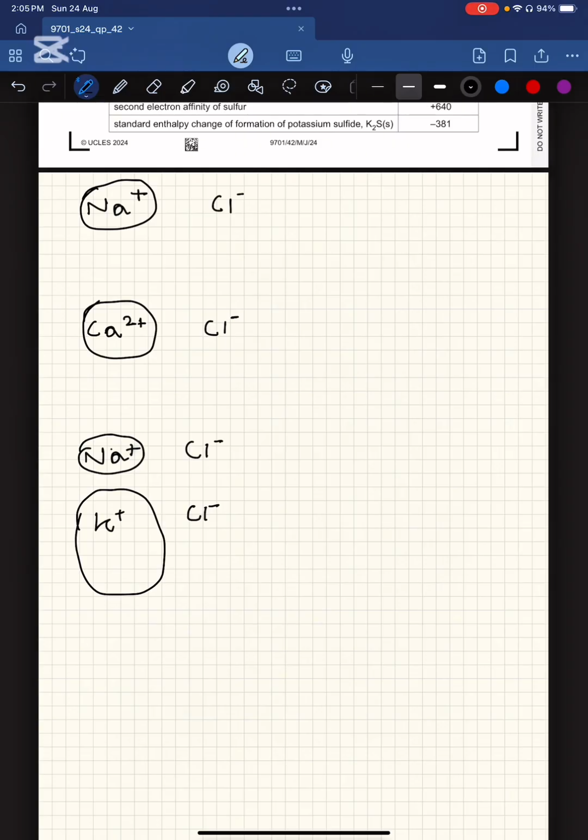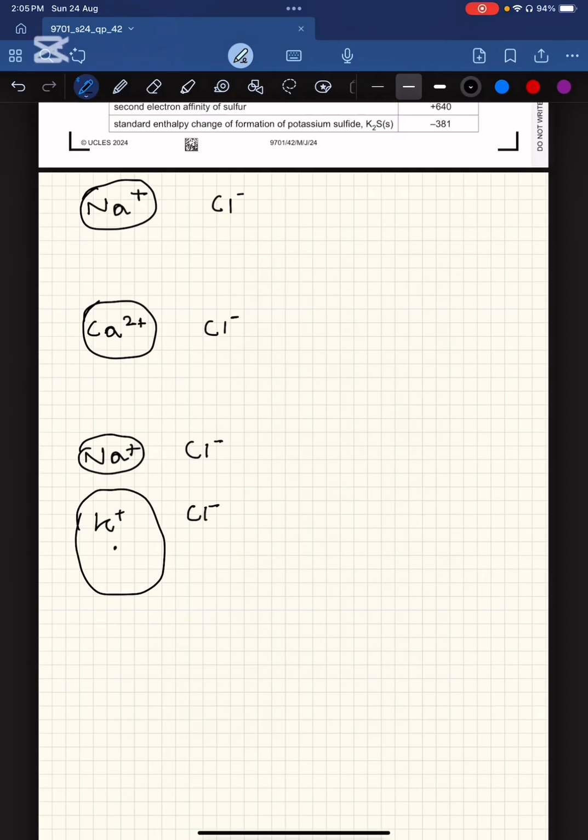Now, in which case would the charge be concentrated, and in which case would the charge be spread out and more dilute? Both have the same charge, but in the case of sodium, the charge is spread over a smaller area. So it will be able to attract the chloride ion more strongly.